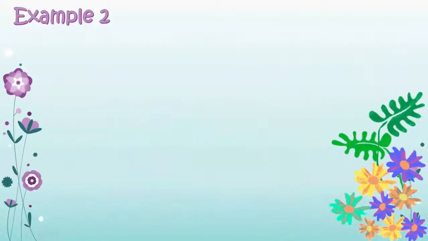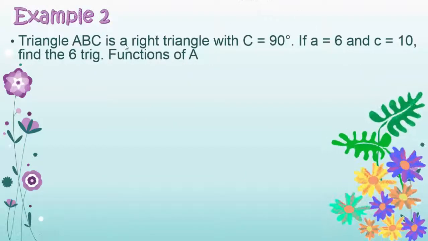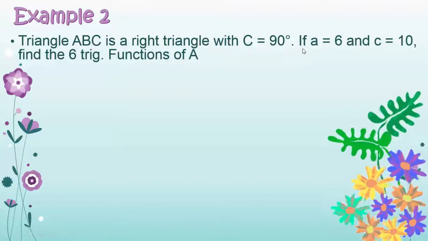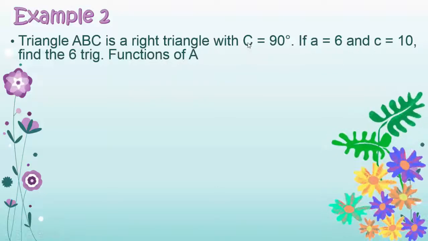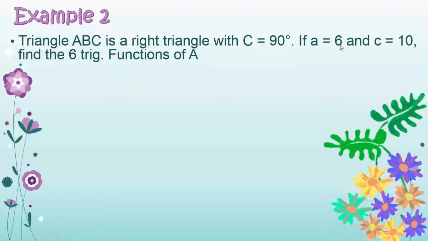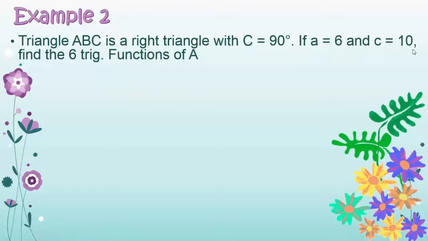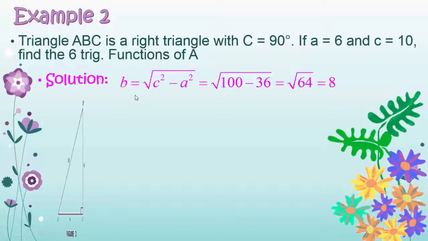Now for one that's a little bit more challenging, we have triangle A, B, and C, and the right angle is C, 90 degrees. The sides, which I said usually are small letters, and the angles are big letters. One of the sides is 6, and one of the sides is 10, as shown in the figure.